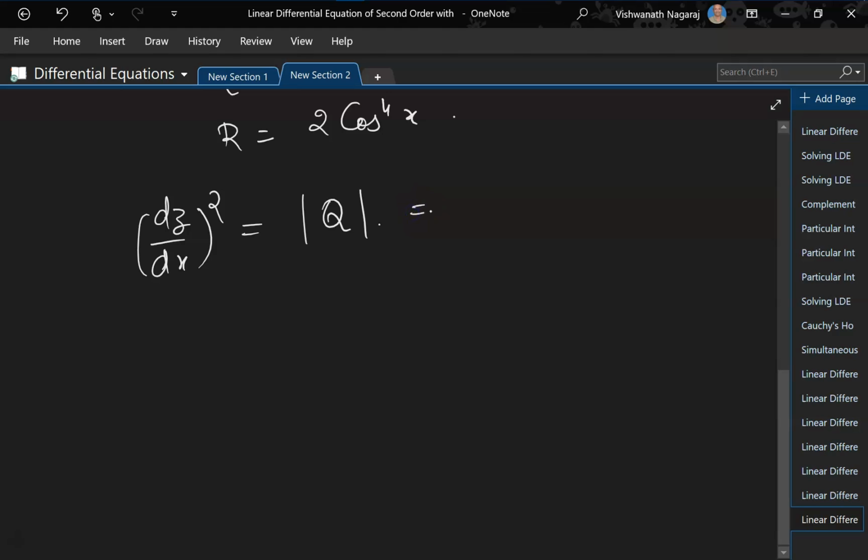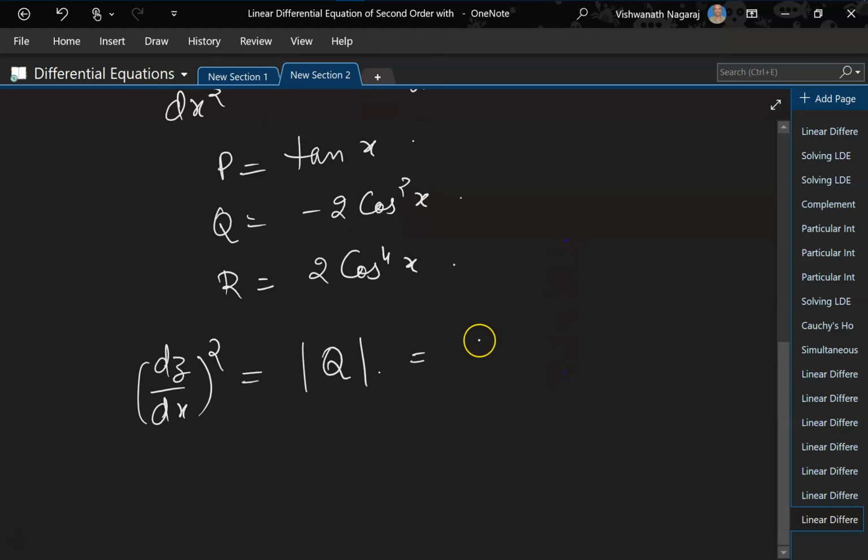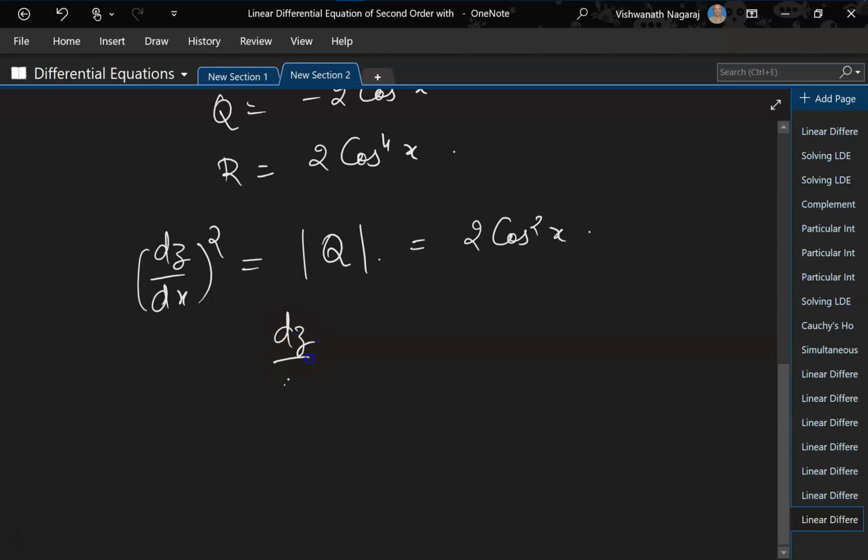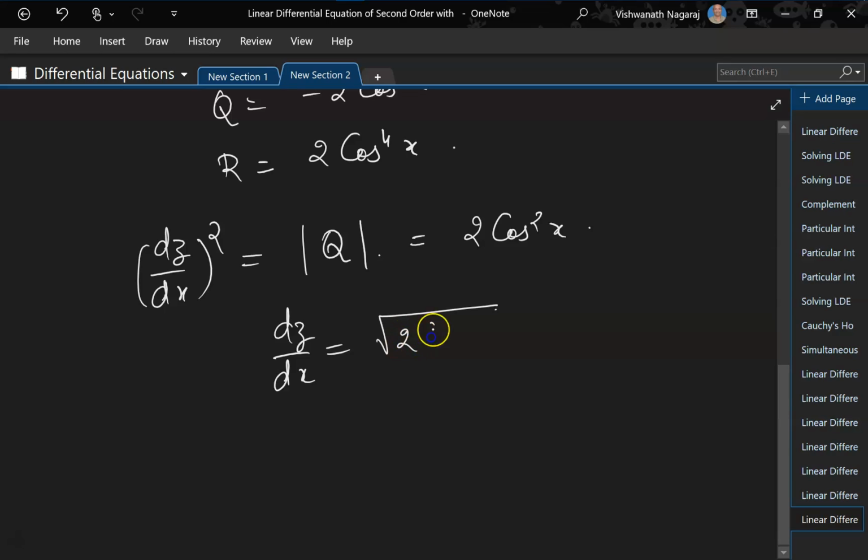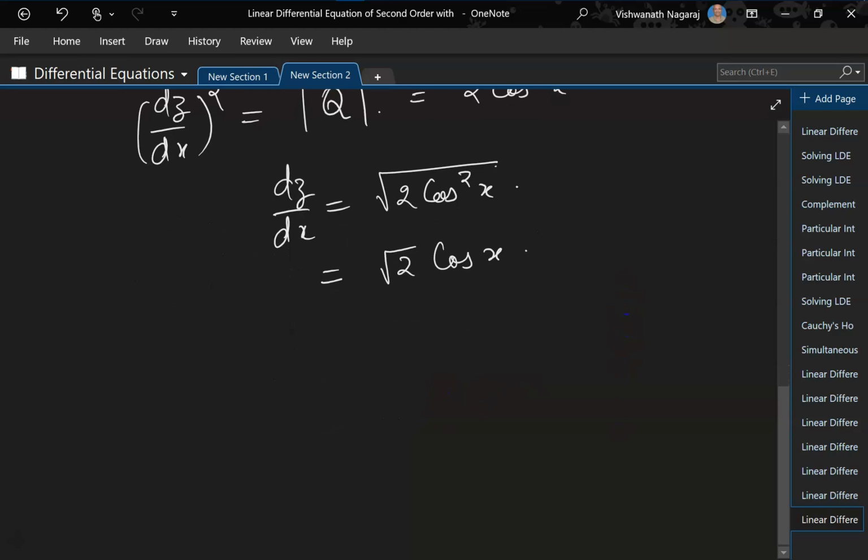Here this is nothing but the magnitude, so we ignore the minus sign. 2 cos²x. This becomes dz/dx equal to the square root of 2 cos²x, which is root 2 cos x. In the previous session I had briefly given this as an example. And now to get z, we have to integrate this, right?